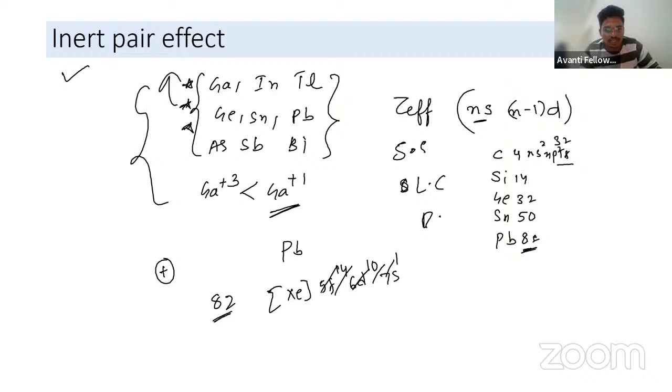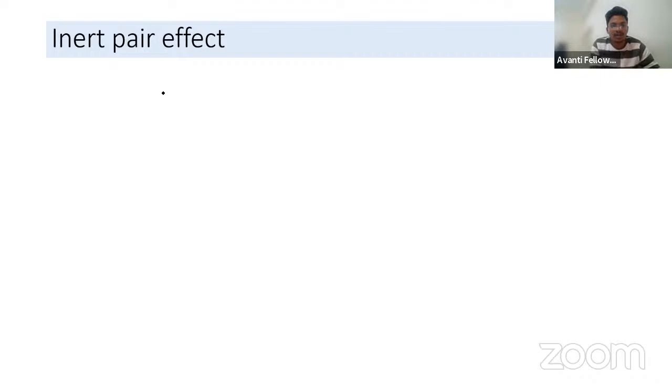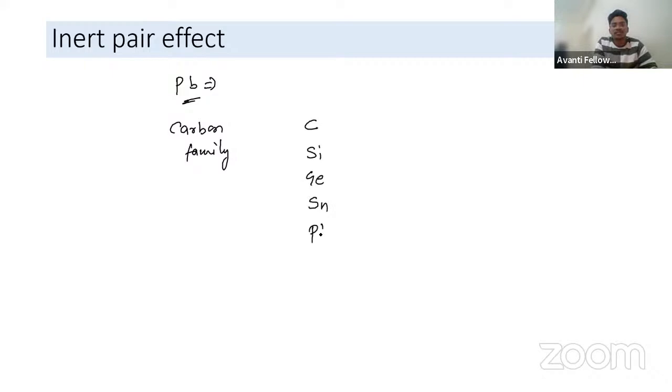Sorry guys, let me erase everything to give you clarity. Now we are writing the electronic configuration of lead. Lead belongs to the carbon family, so ns2 np2 is the general electronic configuration.